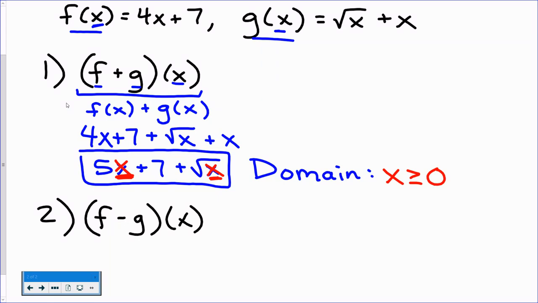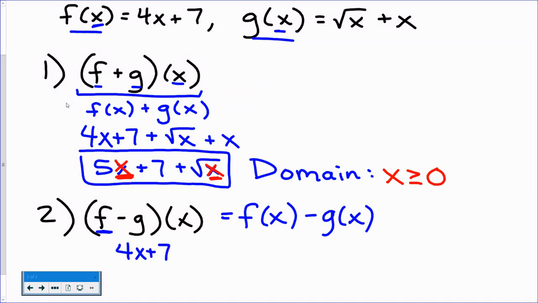But now what I'm doing is I'm taking f of x minus g of x. So pay attention to which function is listed first. So f is listed first, so I must take 4x plus 7, and then I'm going to subtract g of x.